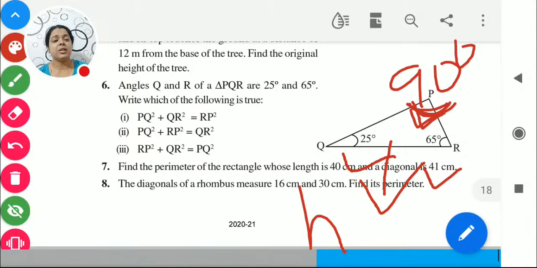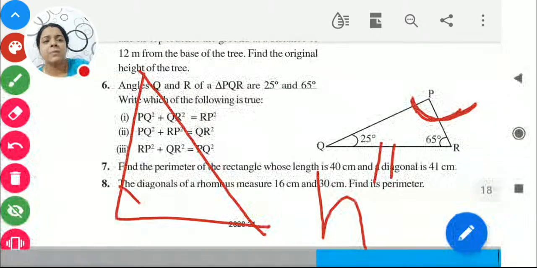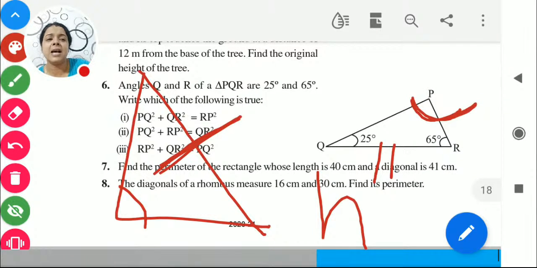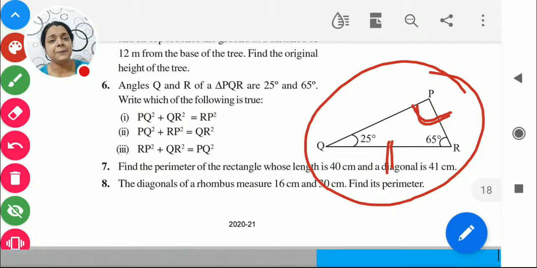Remember that whenever we talk about any angle, we need to focus on the opposite side. The opposite side of the right angle in a right angle triangle is always the hypotenuse. So it is proved that it is a right angle triangle.